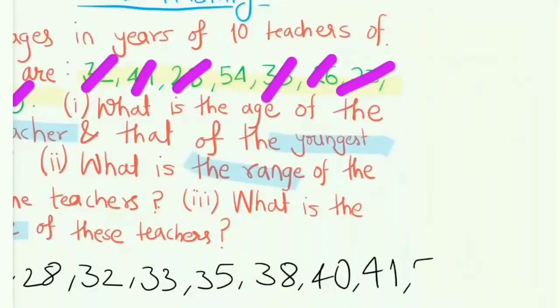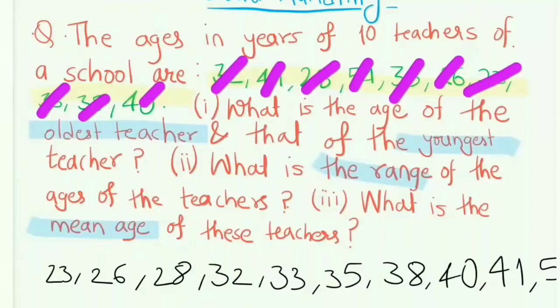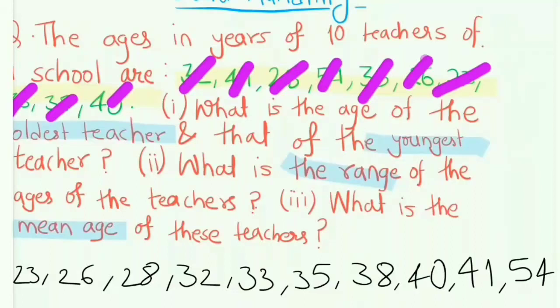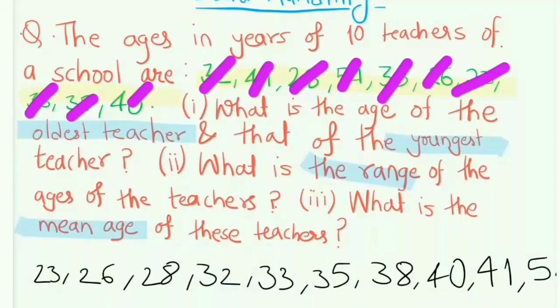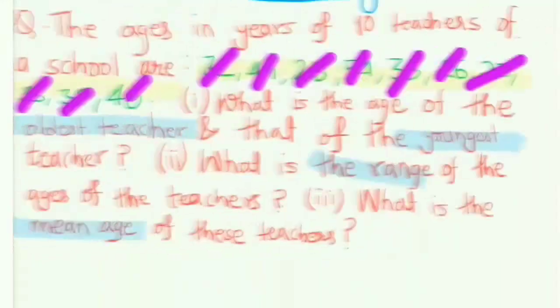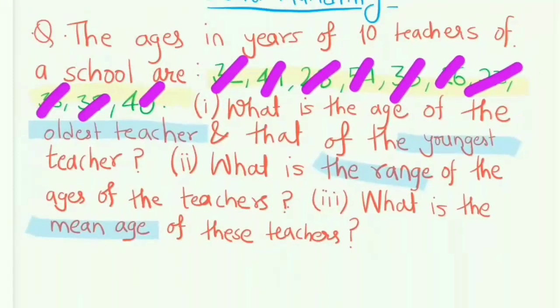Then last is 54. So that you don't get confused with other numbers, whenever you are writing one number, just cancel that number out from the given list. Okay. I have taken these numbers over here.